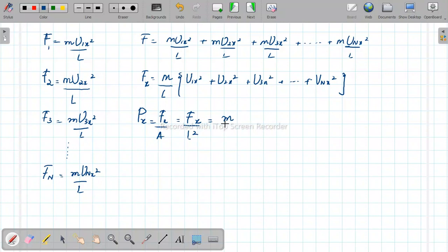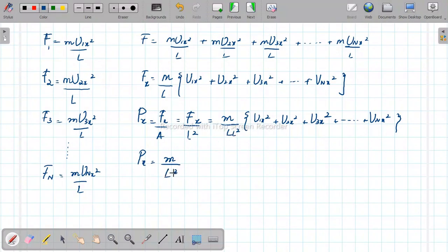This becomes m over L times v1x square plus v2x square plus v3x square and so on till vnx square, whereas this L square has to be there, right? Now this Px becomes m over, what do we write, L into L square? Of course, this becomes L cube, where this v1x square plus v2x square and so on is as it is.